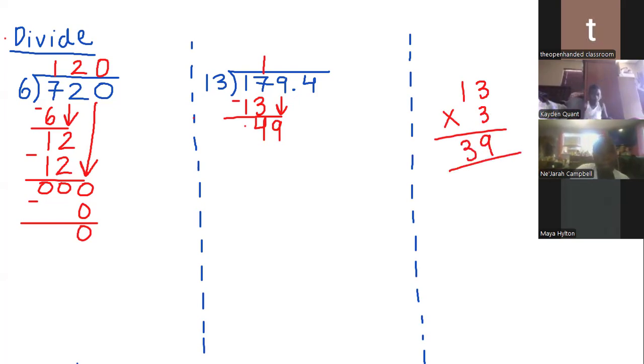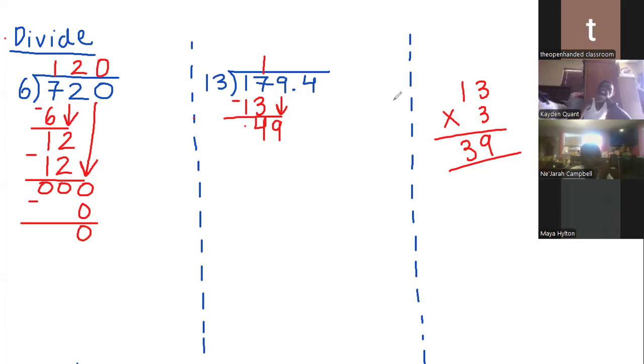What is 13 times 4? 4 times 3 is 12. Put the 2 down, put the 1 up. 4 times 1 is 4 plus 1 is 5. So it's gonna be 52.